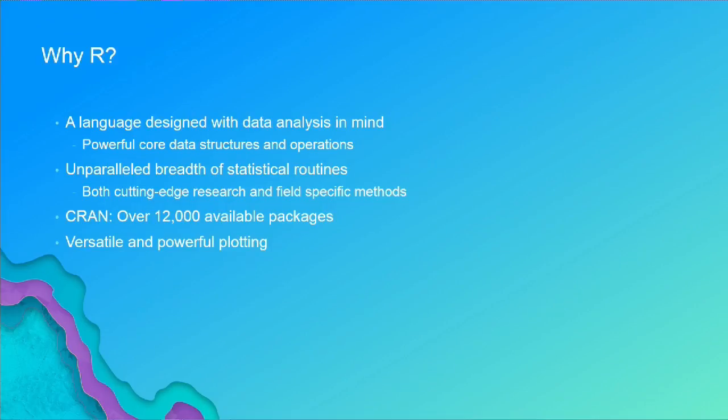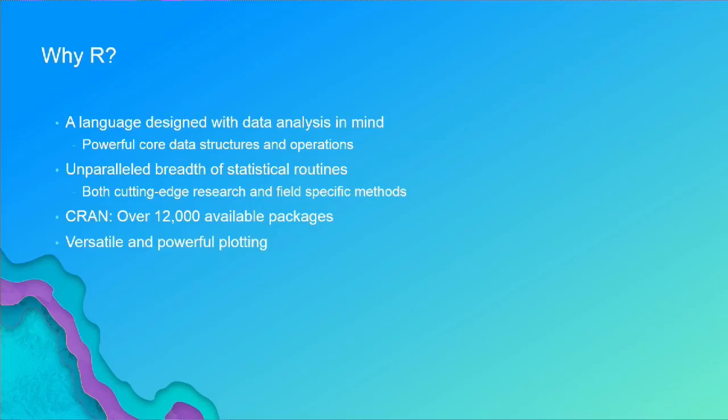When it comes to why R versus Python, here is what I would say. R was a language designed for statistics. Python is a general language. If you're looking for cutting-edge research methods, R is really the place where it's happening. A lot of people in academia or performing research in their field are producing their work in R packages, and it's where you can go to find a lot of those cutting-edge, novel methods.